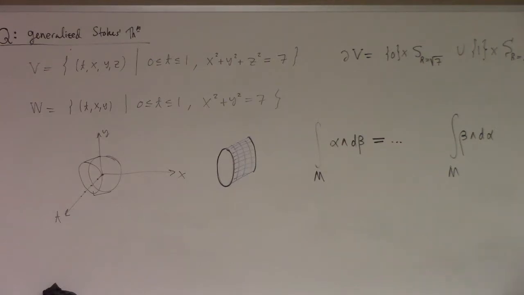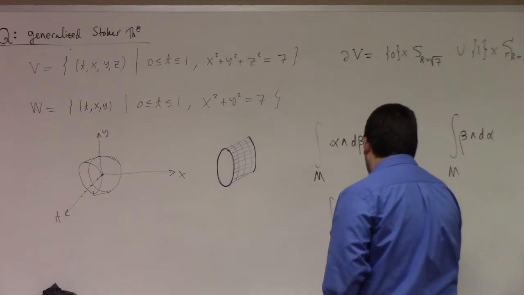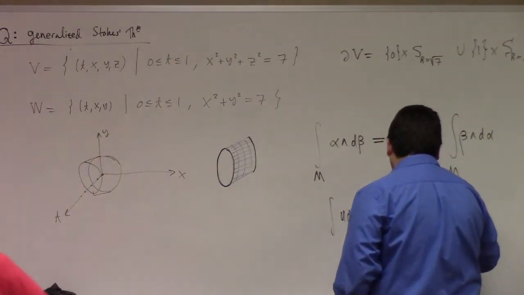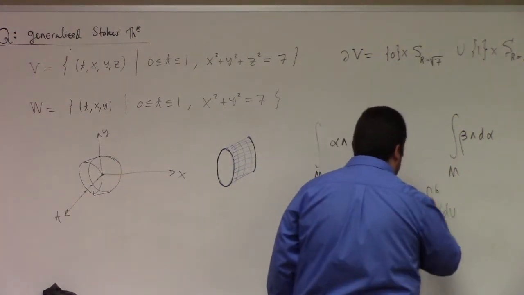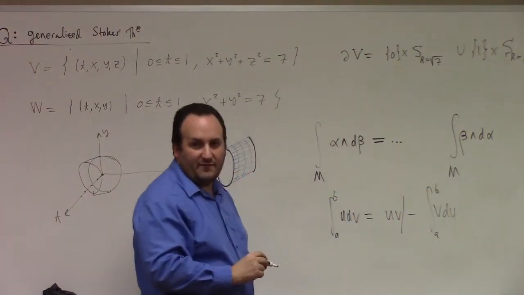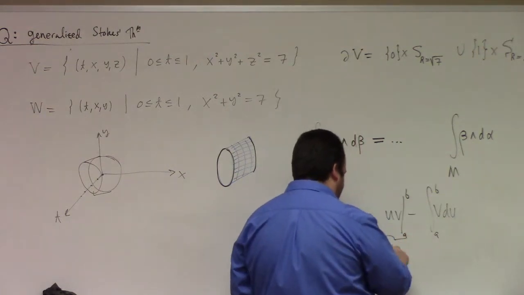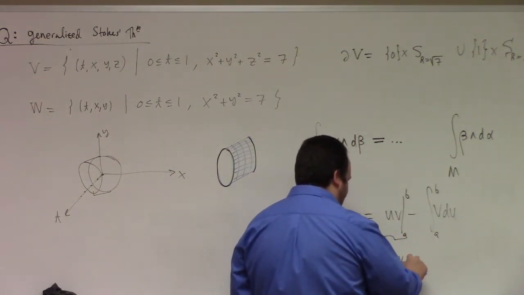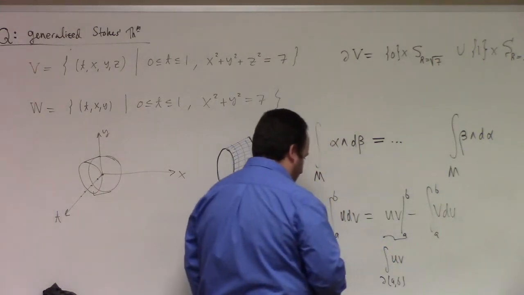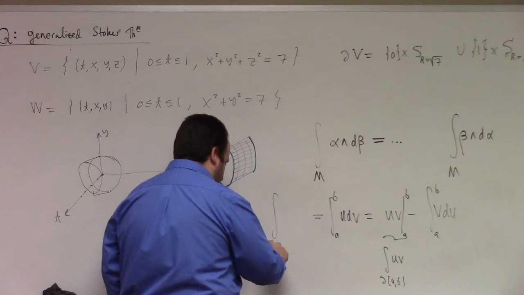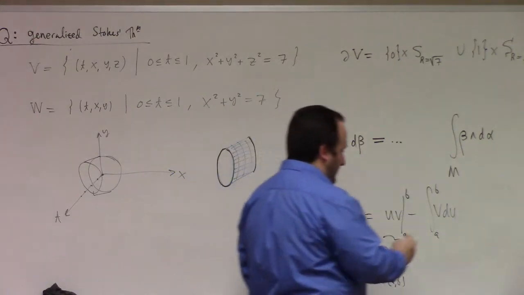Ordinary integration by parts, you've got integral of u dv equals uv minus integral of v du, from a to b. In the middle, we have evaluation from a to b, right? But this is actually the integration of uv on the boundary of a to b. And this is actually the integral over the line segment a to b of u dv in differential form notation.